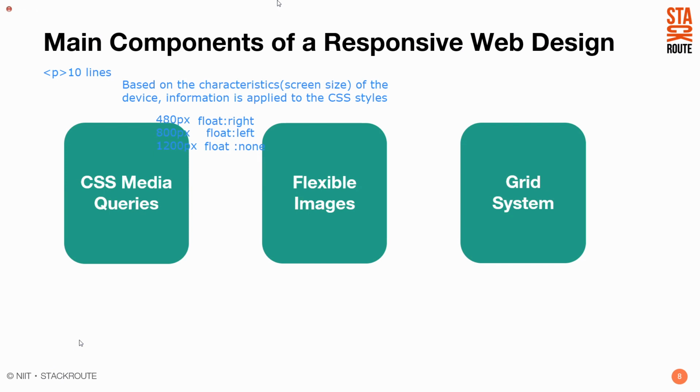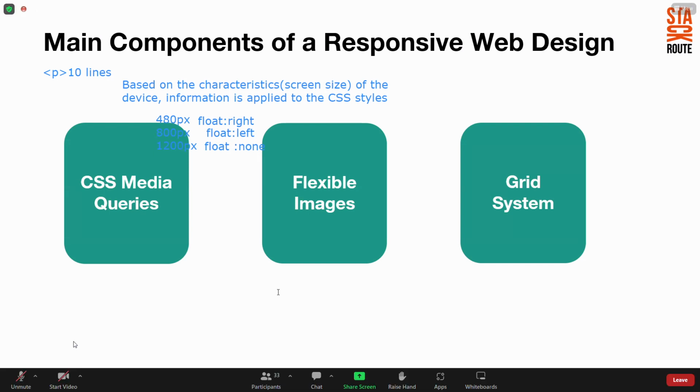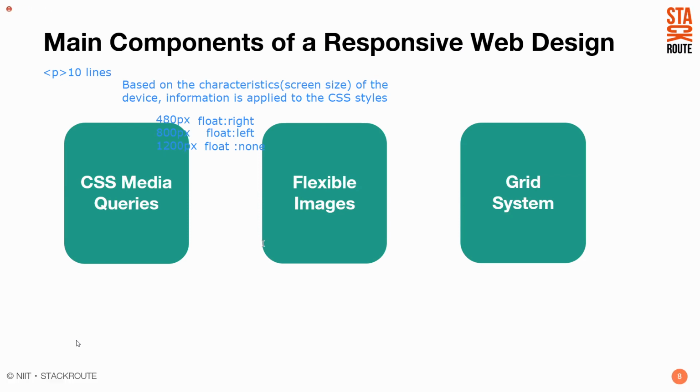So let us apply CSS media query for a paragraph. Whatever content I'm using, we will use the float property, we will use width, and if required, we will also adjust the height by using media query along with the screen size of the device which I'm going to use.